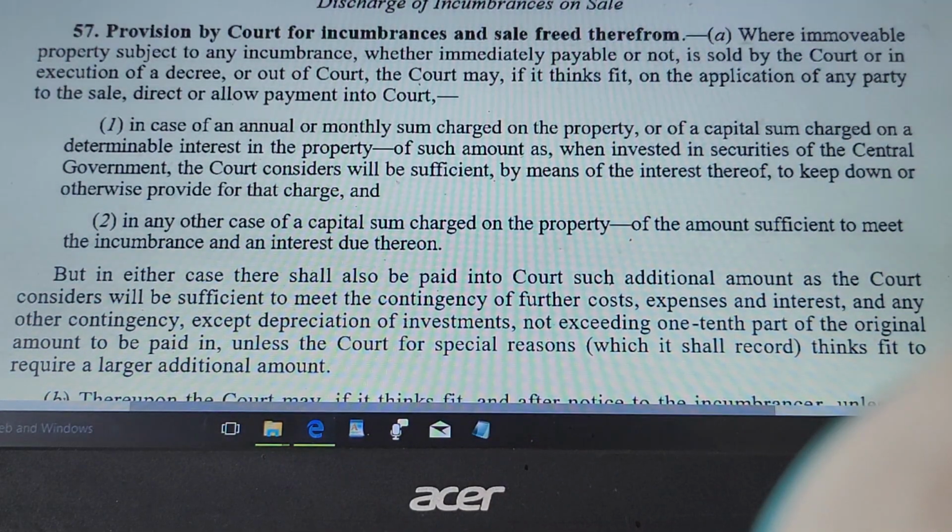And 2, in any other case of a capital sum charge on the property, of the amount sufficient to meet the encumbrance and the interest due thereon.